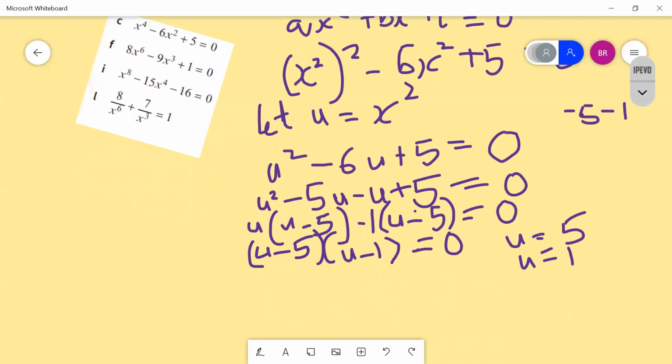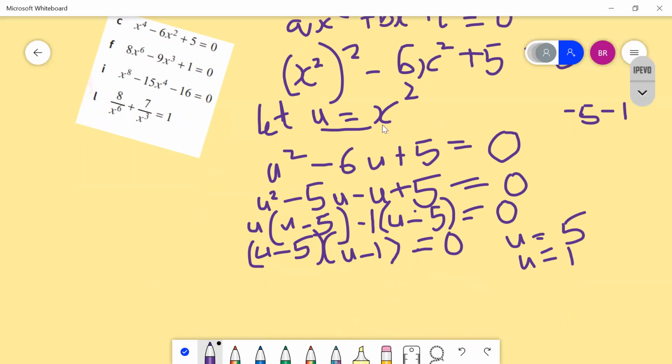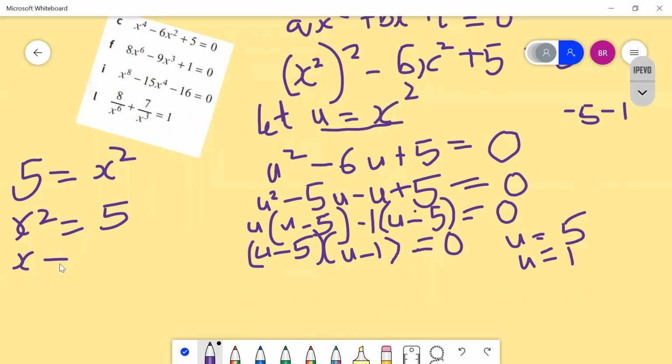Given this scenario now, I'm going to substitute, because we all know that u is equal to x squared. So when u is 5, it means 5 is equal to x squared. I'm going to rearrange this: x squared is equal to 5. So x is equal to the square root of 5.